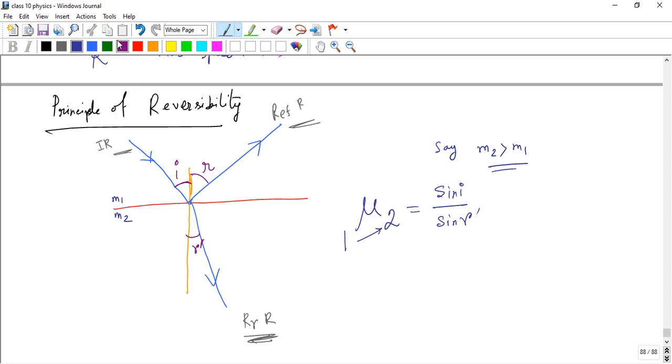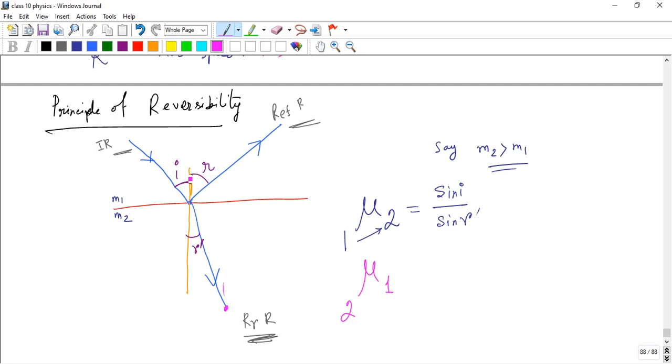If reversibility applies, the light travels backward from the source, so light travels from denser medium to rarer medium.